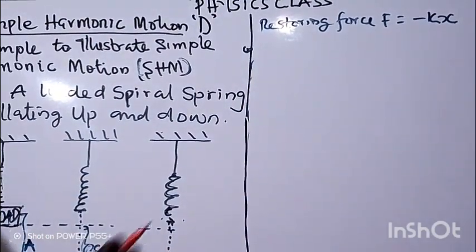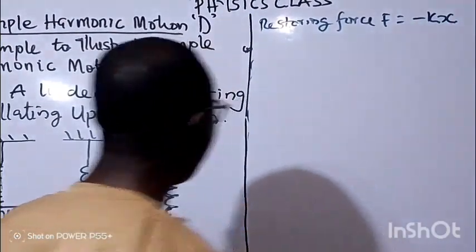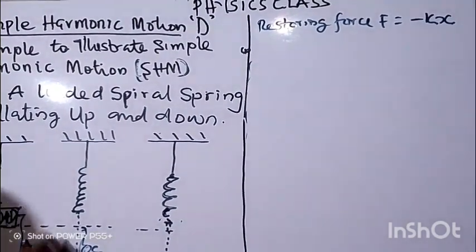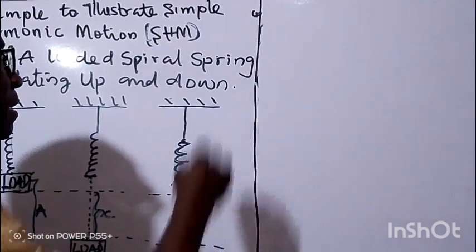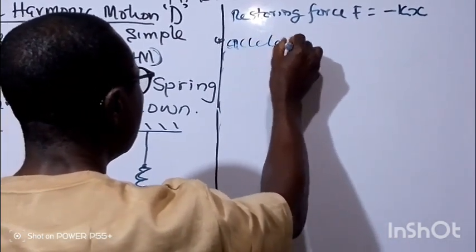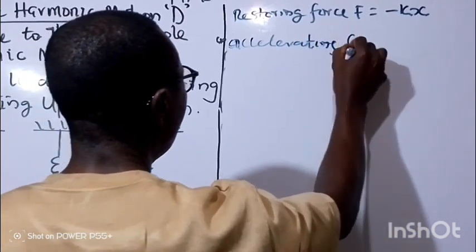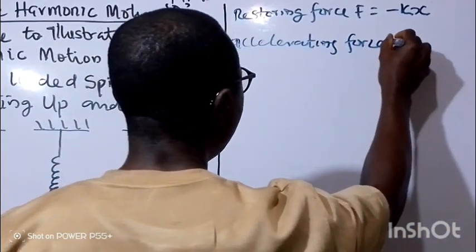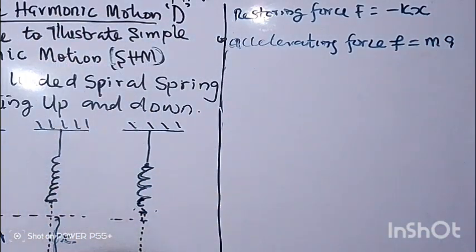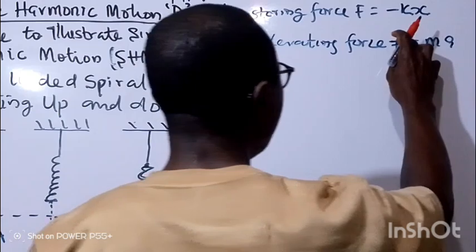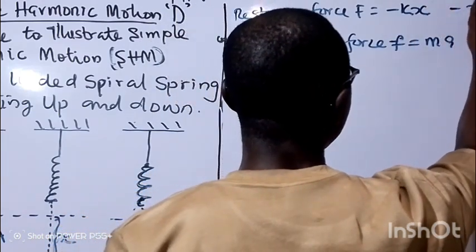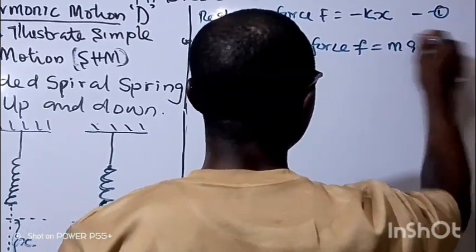Now, since the restoring force is F equals minus Ks, the next thing we are going to consider is the accelerating force. That is the force that will accelerate this thing. That one is normally F equals ma. That is why we call it accelerating force. Since this one is F and this one also is F, call this equation 1 and this equation 2.